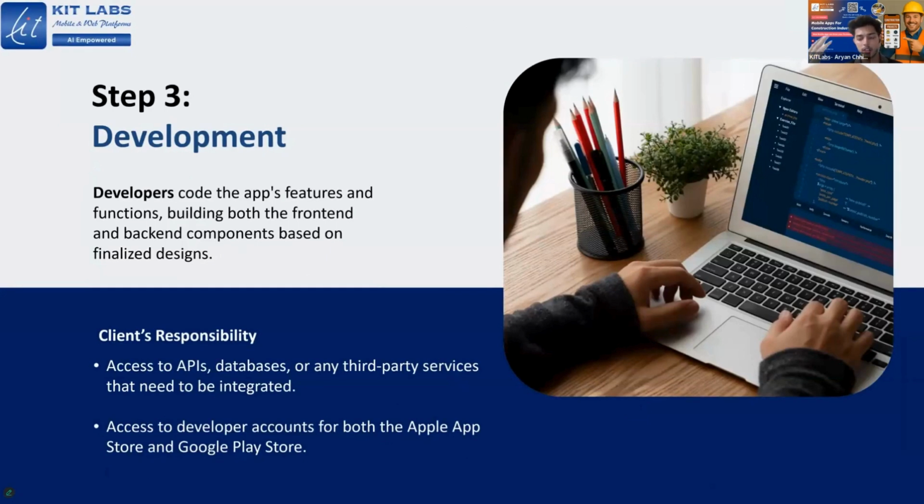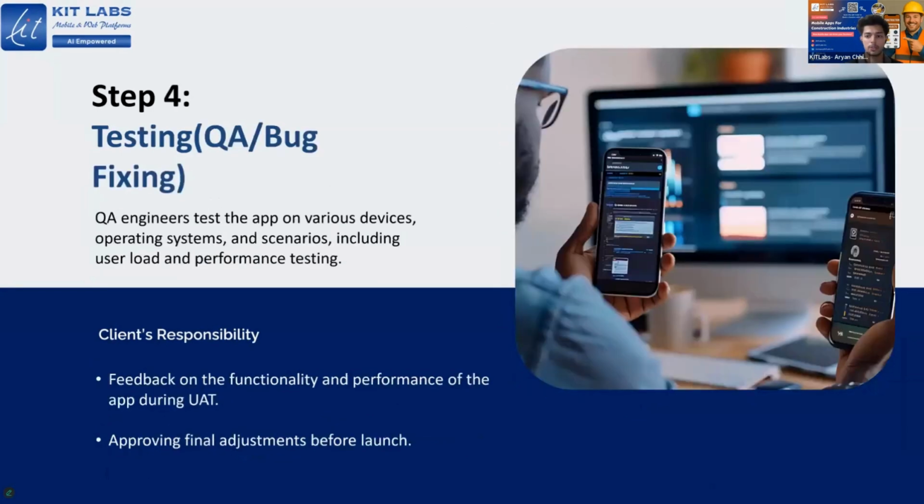Once the design is approved, we start the development phase. This involves front end, back end, database setups, and APIs. We work with agile methodologies. After the development process, the next part is testing. In testing, we test for functionality, performance, usability, and security across multiple devices and platforms.